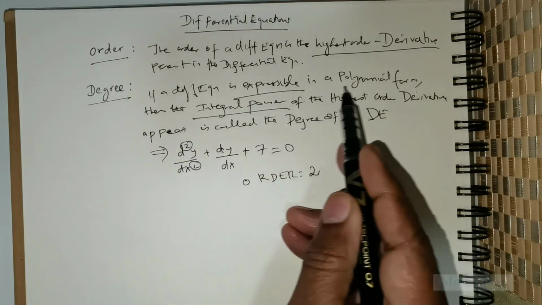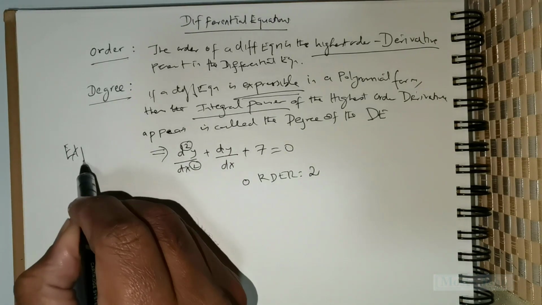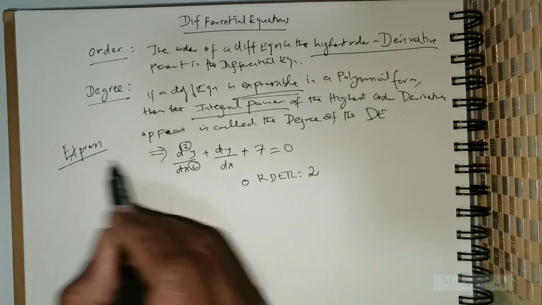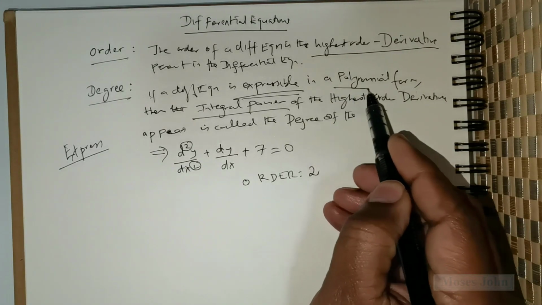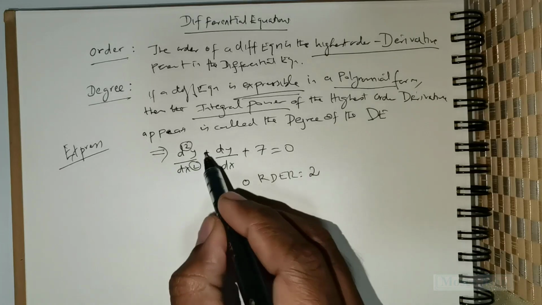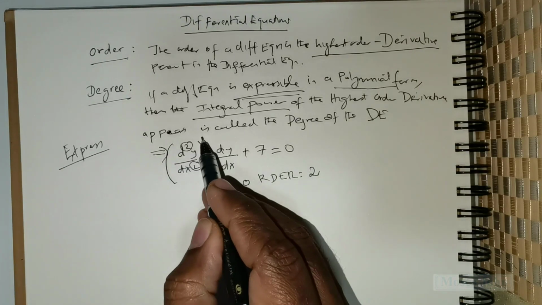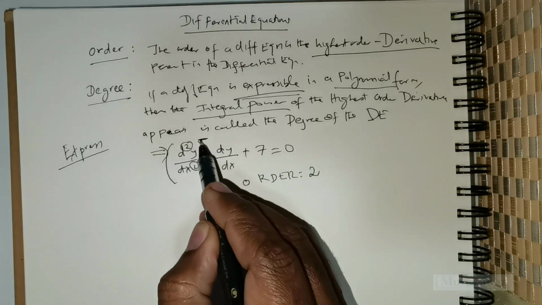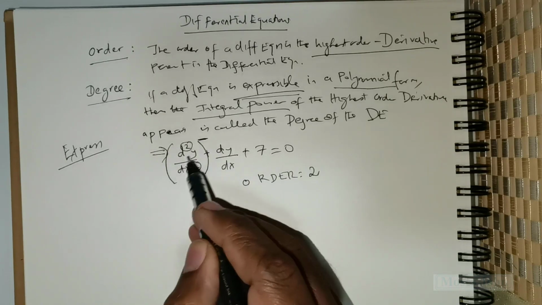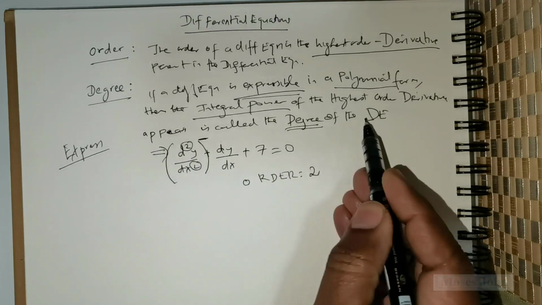Now if the differential equation is expressible, the keyword is if you are able to express the given differential equation in polynomial form, then the integral power of the highest order derivative, whatever is present on the head of this highest order derivative, is called the degree of the differential equation.